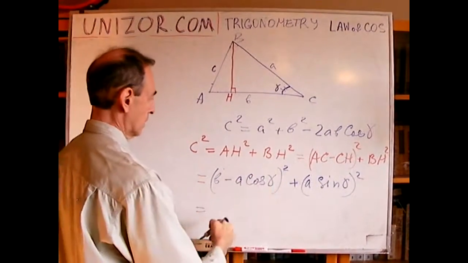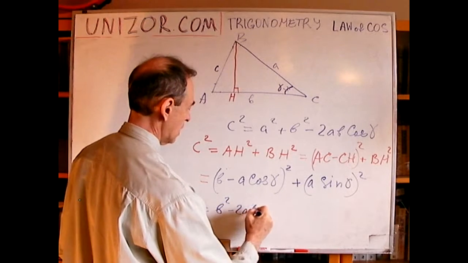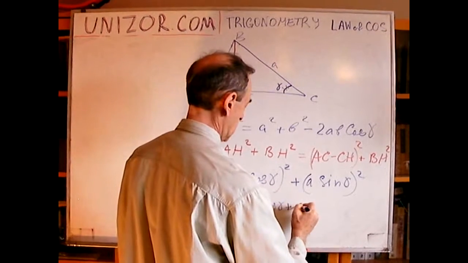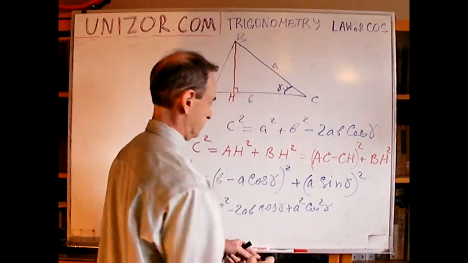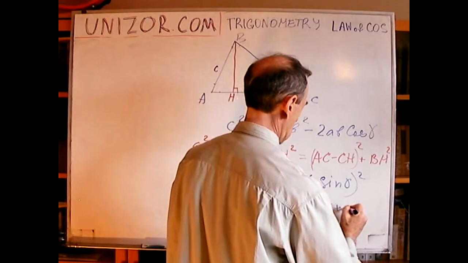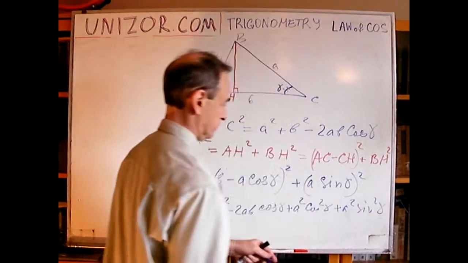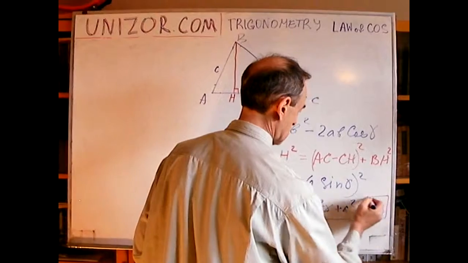Let's open the square, which is b squared minus 2ab cosine gamma plus a squared cosine squared gamma plus a squared sine squared gamma. Now, look at this. What is this?